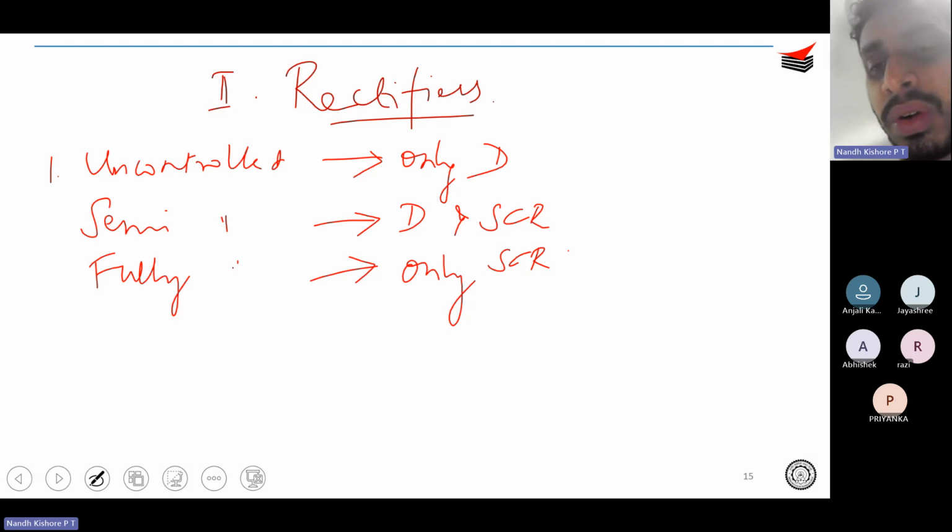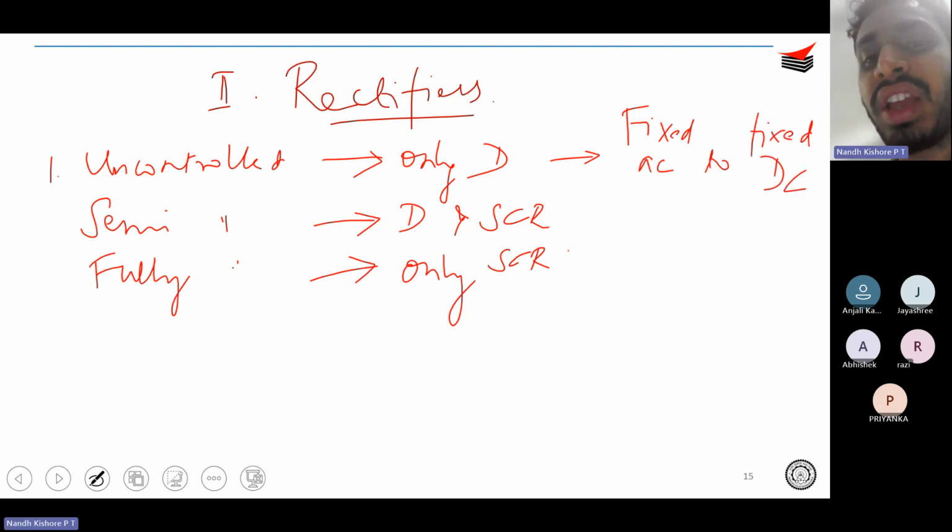If you have uncontrolled, you are converting a fixed AC to fixed DC, so you don't have any control over its DC value. Whatever is the AC, it will convert it to a corresponding DC. Whereas in semi-controlled and fully controlled, you have control.